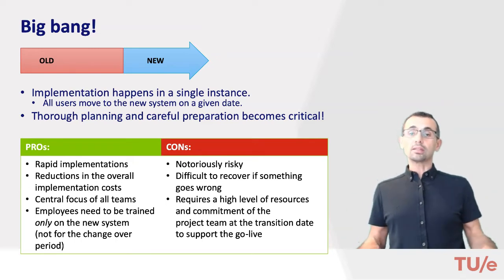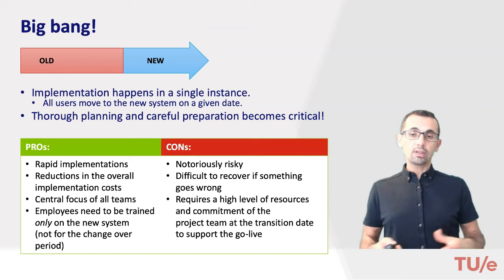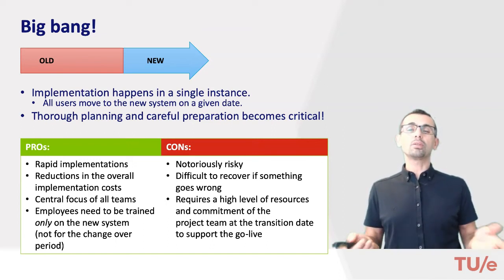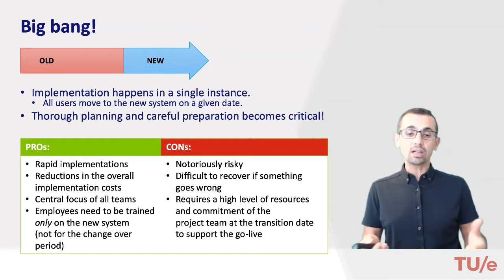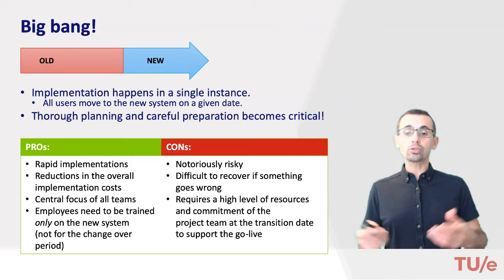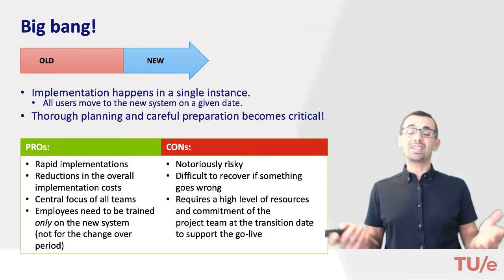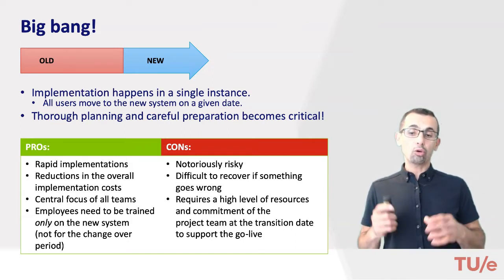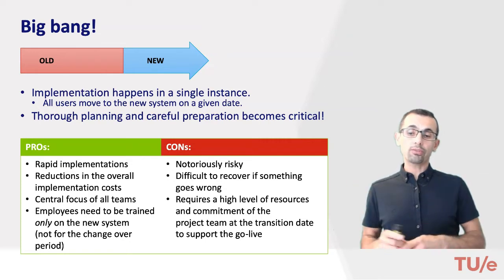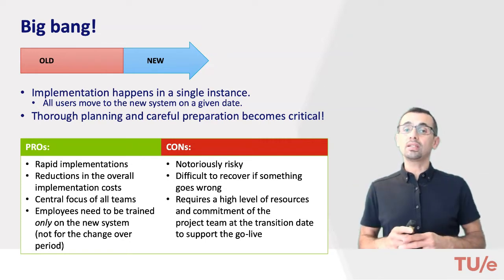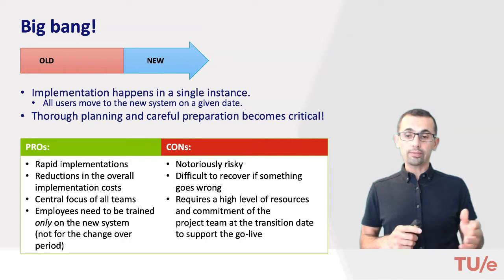Under these kinds of intense circumstances, the changes to the business processes, the new design, may not be the best one for the organization. It's also obvious that this approach will require a higher level of resources and commitment of the project team at the transition date to support the go live.